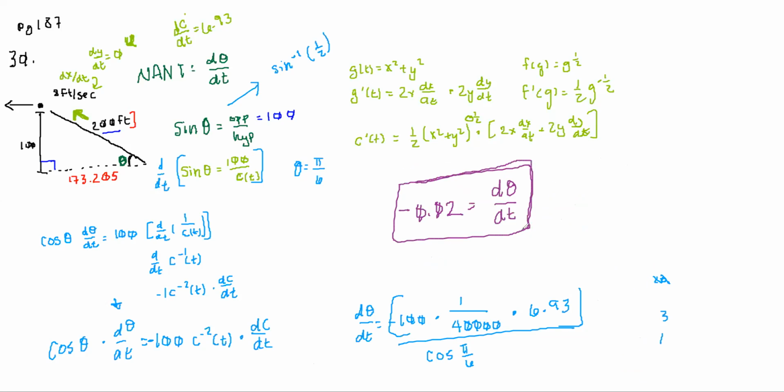And so this is measured in radians right now. So theta is changing, or is decreasing, so that makes sense. We've got this negative sign here. Theta is decreasing at a rate of 0.02 radians per second.